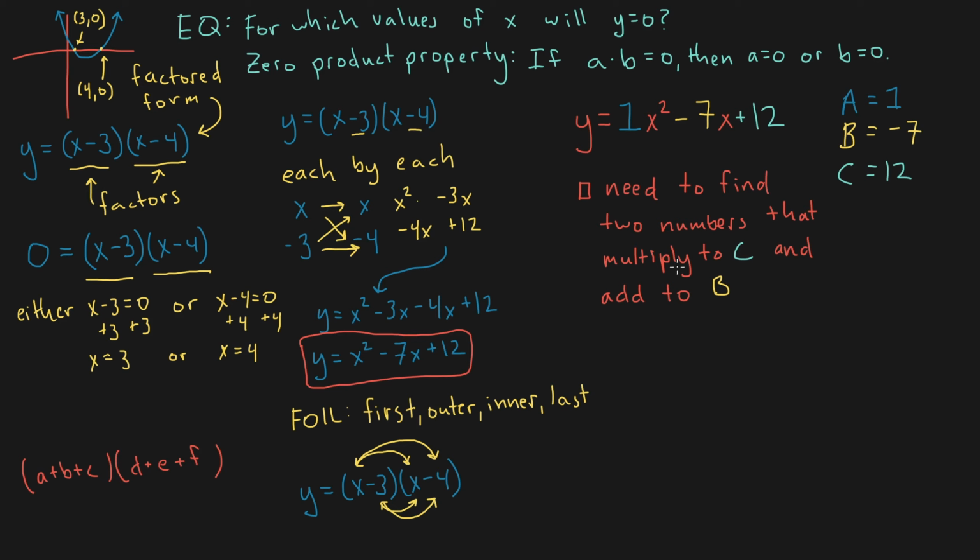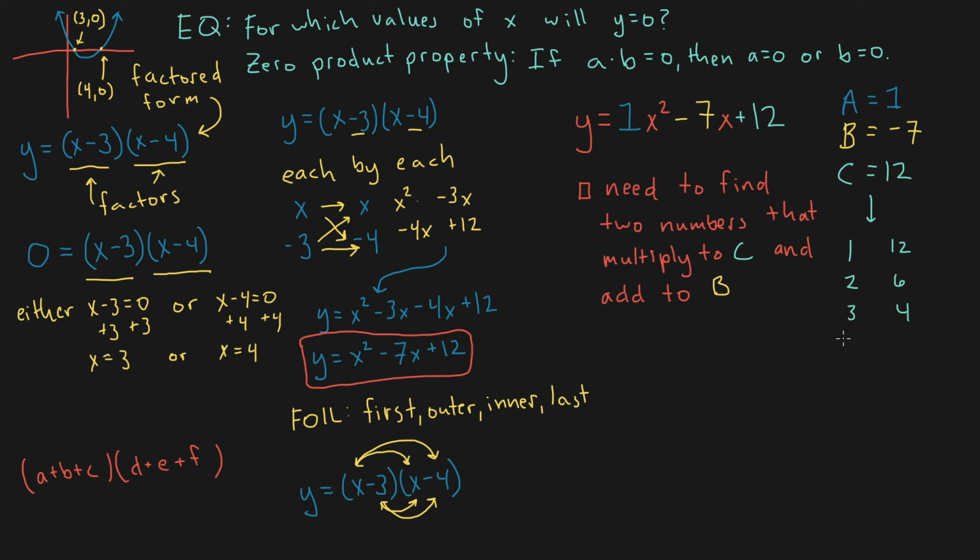So if I'm looking for numbers that multiply together to C, I'm going to write those out. I'll just use a little arrow here. Now what are the numbers? What are the integers that multiply together to make 12? Well, we know that 1 times 12 is 12, and we know that 2 times 6 is 12, and we know that 3 times 4 is 12.